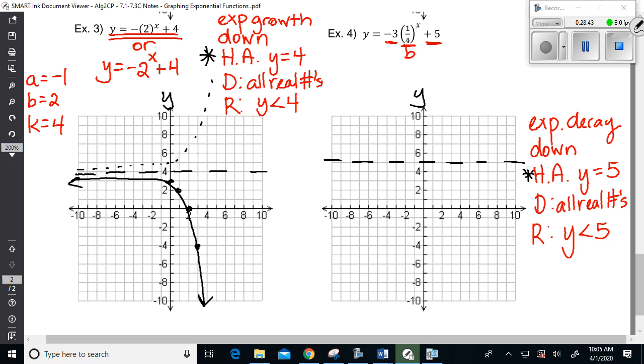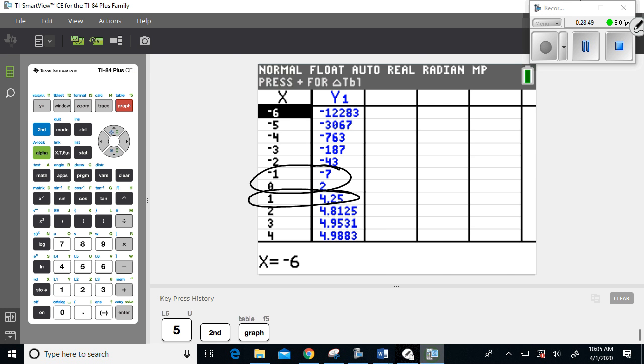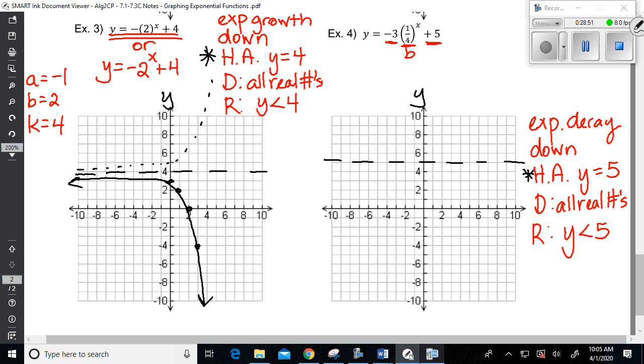So negative 1, negative 7. Zero, 2. 1, 4.25. Be about right there, give or take.